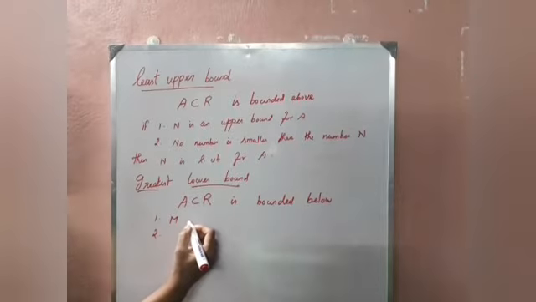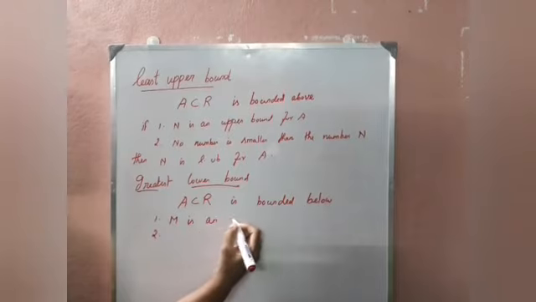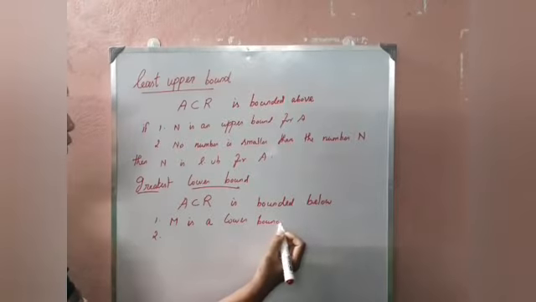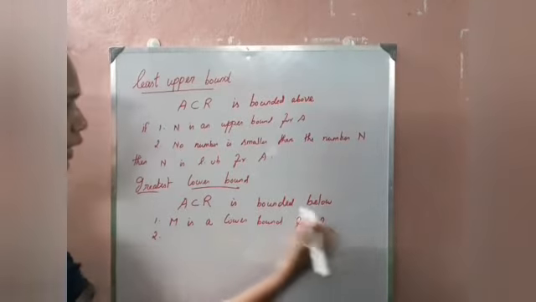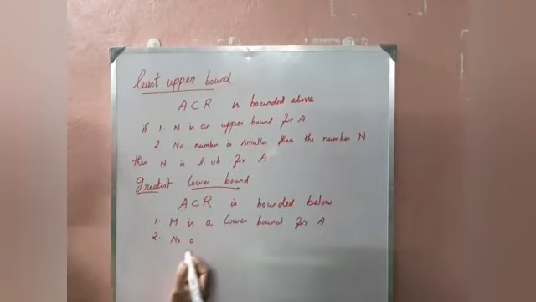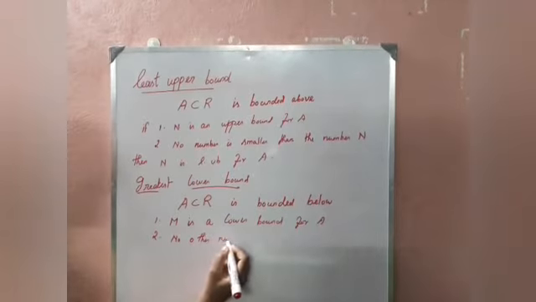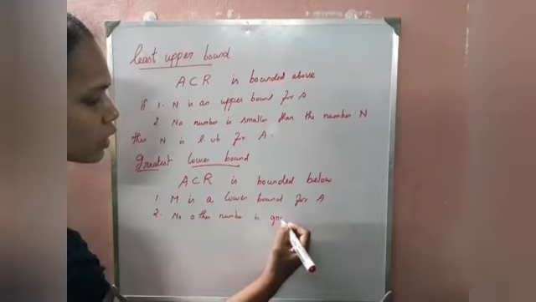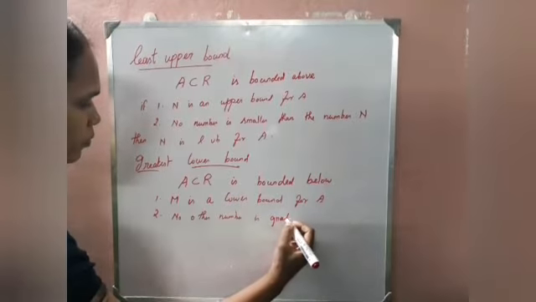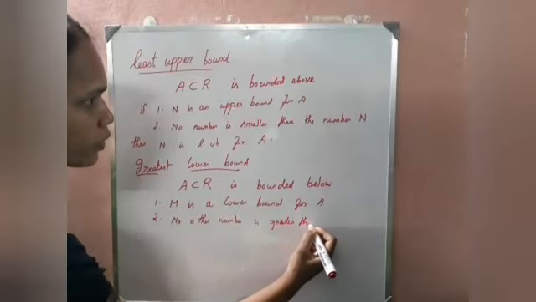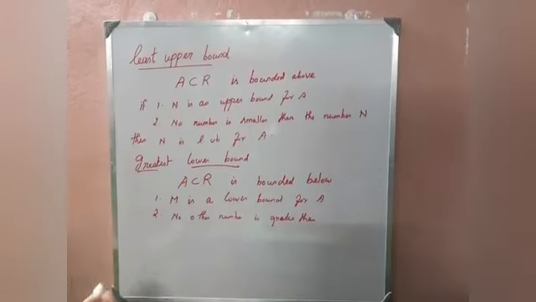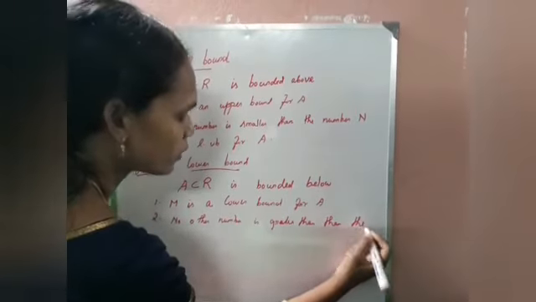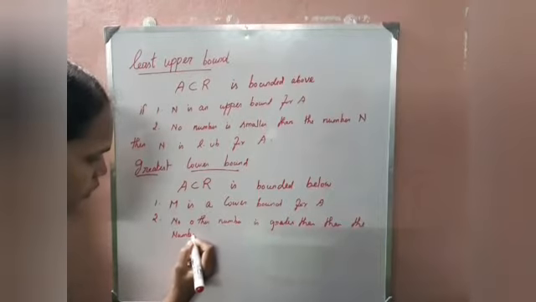There exists a number m such that m is a lower bound for A, and no other lower bound is greater than the number m.